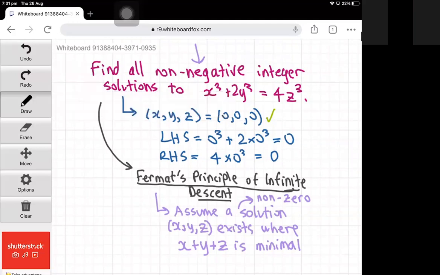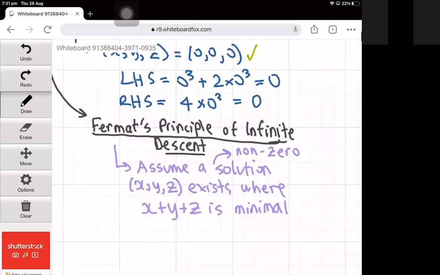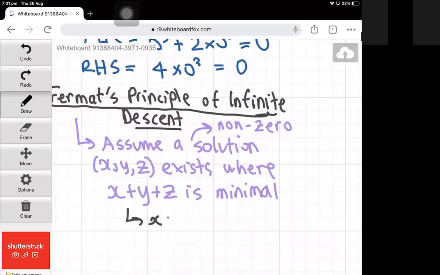So we want to find the non-zero solution with the smallest possible sum of x plus y plus z. And since this is a non-zero solution, we know in this minimal solution, x plus y plus z will be greater than 0.